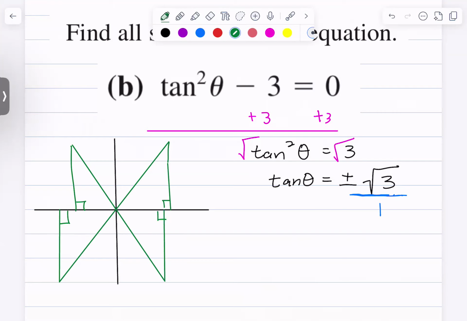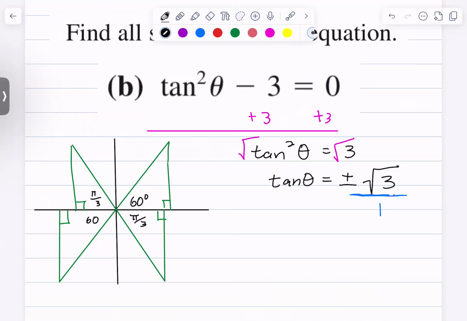What is that reference angle for all of them? 60? Yeah, it is. So all of them is 60 degrees or pi over 3.